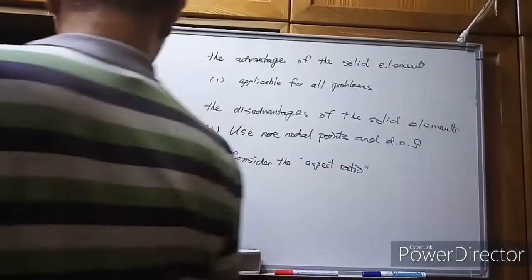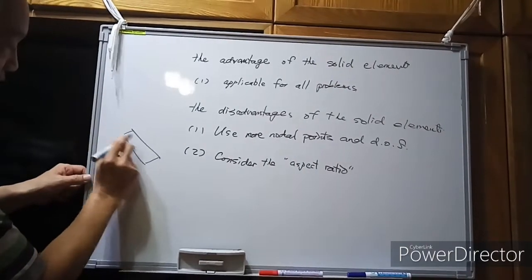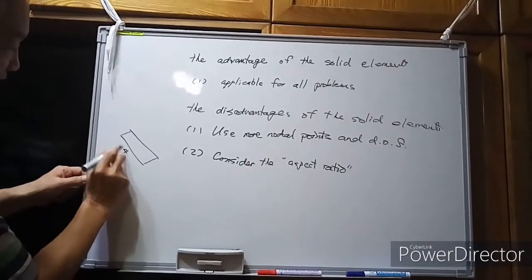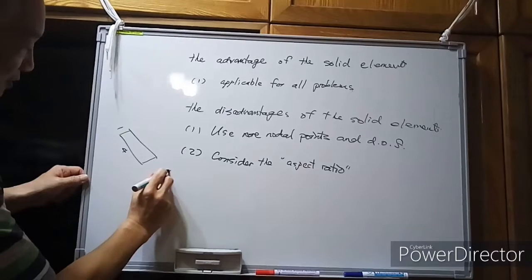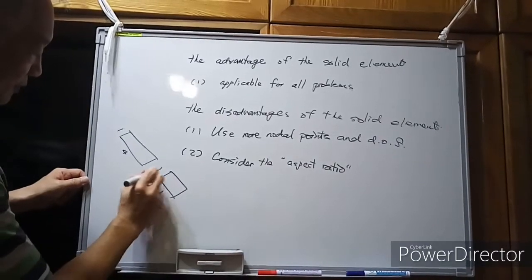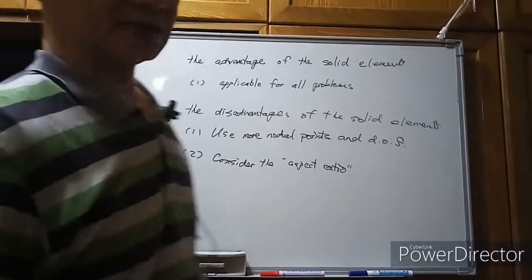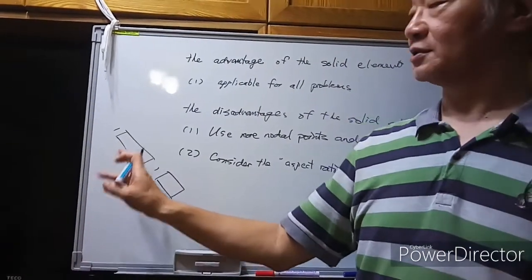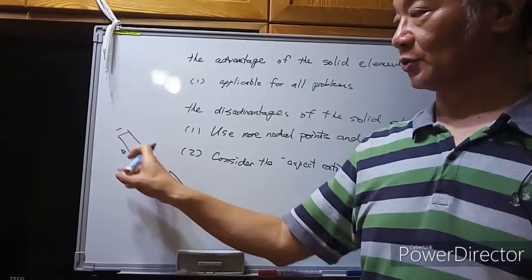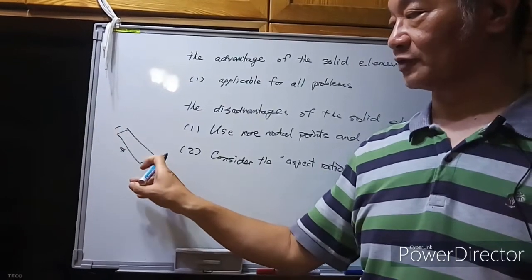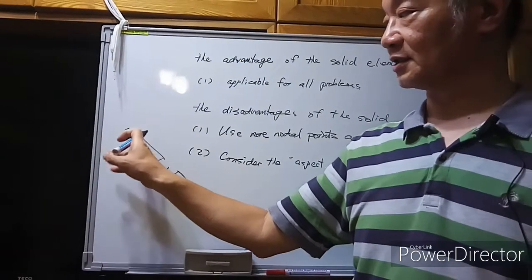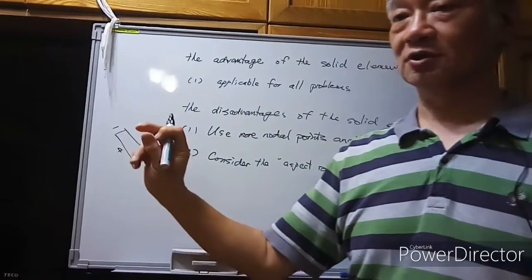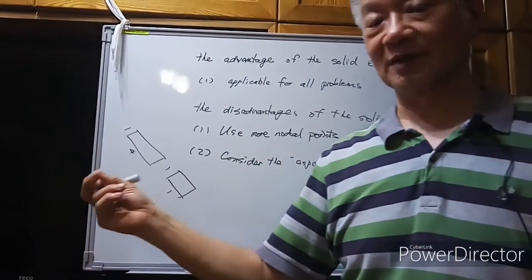For plane strain problems, if the dimensions of this rectangle are 4 and 1, the aspect ratio for this element is equal to 4, since it is the length of the long edge divided by the length of the short edge, which is 4 divided by 1.